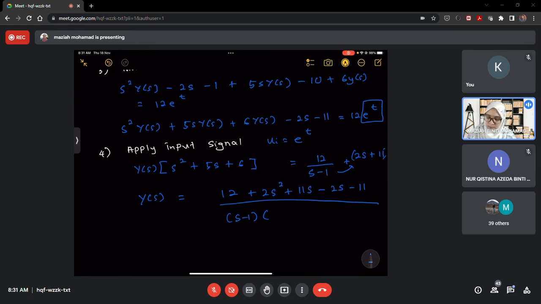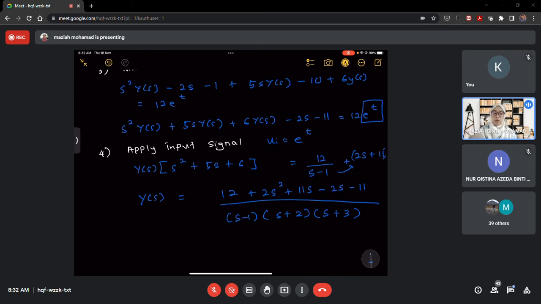So it becomes s plus 2, s plus 3. So s plus 2, s plus 3, if you multiply, it will become s squared plus 5s plus 6.